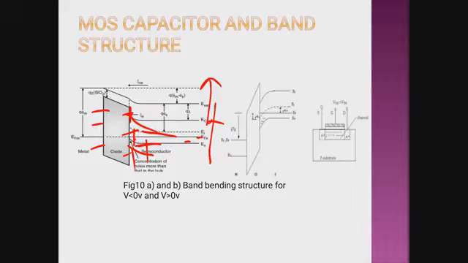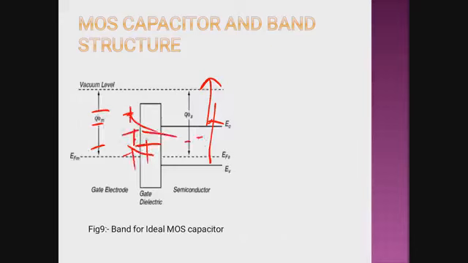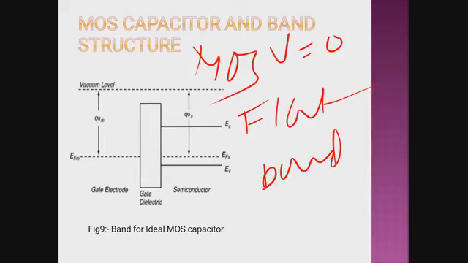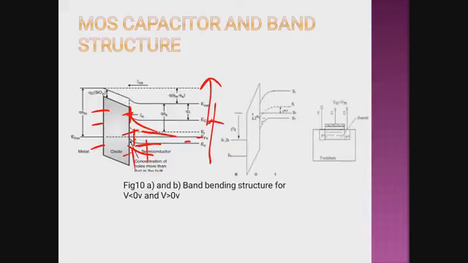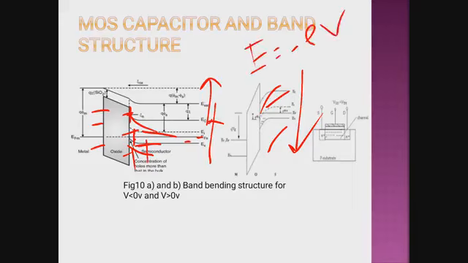Okay. Now in the second case, what is happening when V is greater than 0? V greater than 0 means the Fermi level of the metal will be moving down, because we know potential energy is equal to minus E into V. That is why this level is shifted downwards.